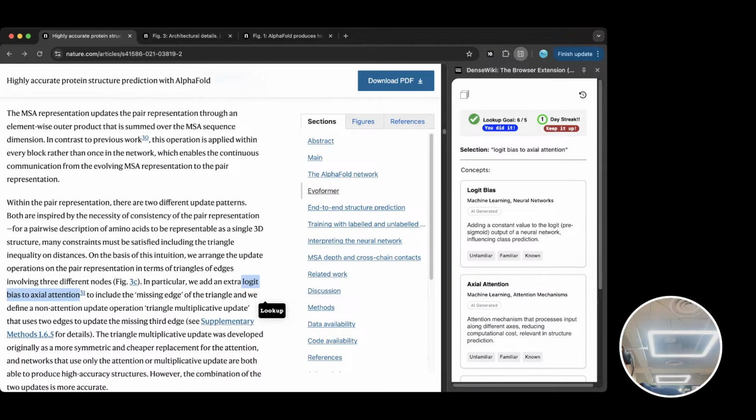Logit bias. Adding a constant value to the logit, pre-sigmoid. And because input along with different axes.